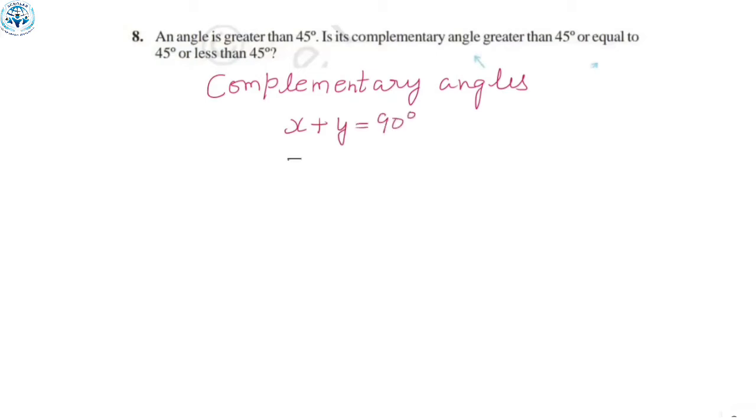Again x plus y is equal to 90 degree, one angle is x, second is y. Value of x is given greater than 45 degree, we can take any value. So if the value is 50 degree, its complementary angle will be less than 45 degree. If the second angle is 48 degree, its complementary angle will again be less than 45 degree.